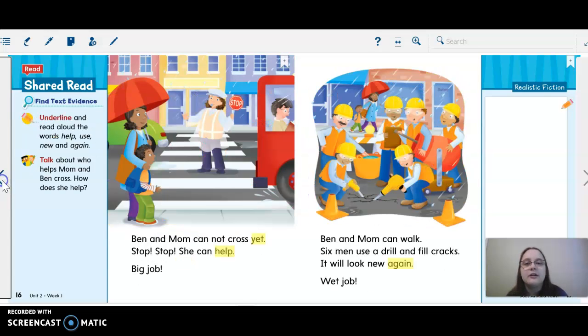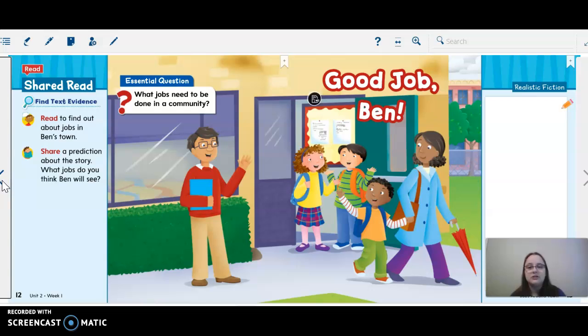So since we could not confirm our prediction of a teacher, like we said here, that could mean that our prediction was incorrect, and that's okay. So remember, you can make and confirm predictions throughout the entire story.